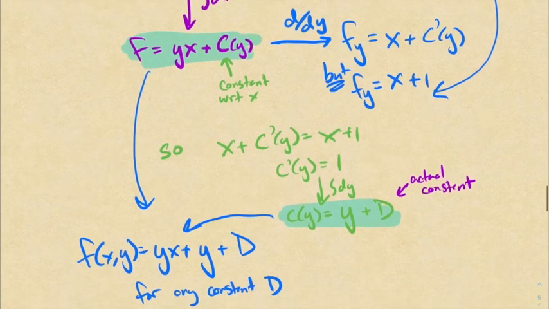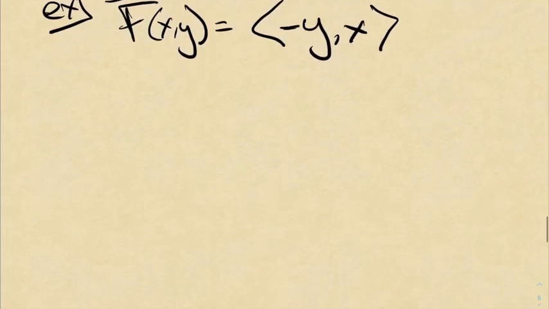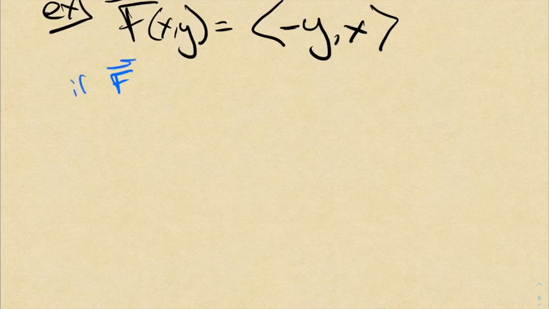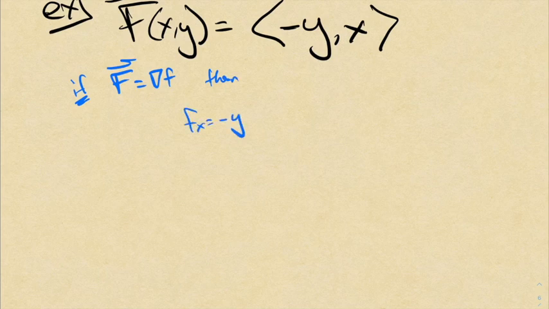Let's try with another. So here, our vector field capital F is minus y, x. Again, we can say that if it's a gradient, then the partial with respect to x has to be minus y, and the partial with respect to y has to be x. We can do all the same steps: anti-differentiate with respect to x, and see something very similar to the last one.